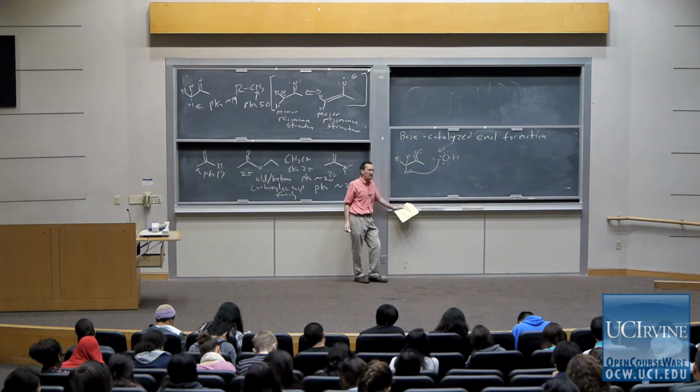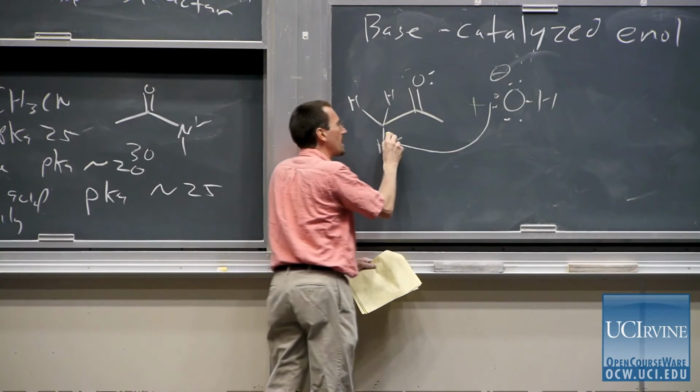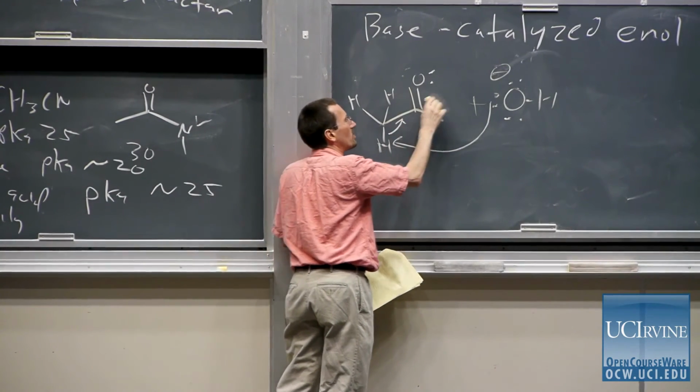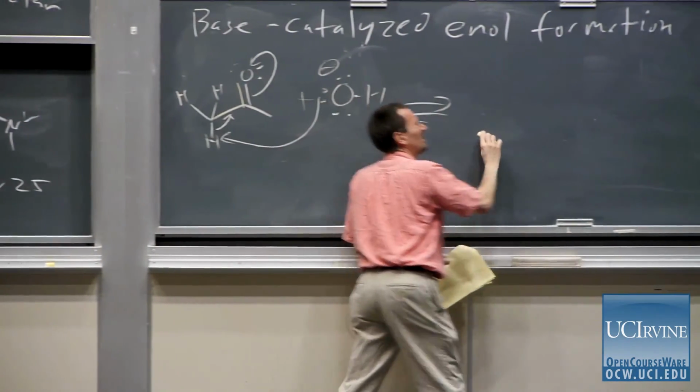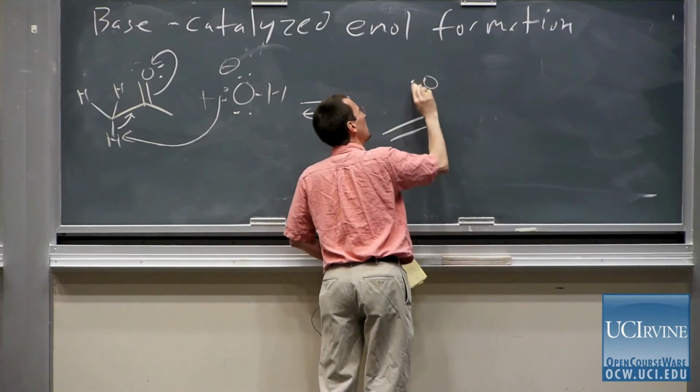The alpha proton is weakly acidic. Remember, pKa of 20 is the number you want to keep in your head. So we have an equilibrium here with the enolate.